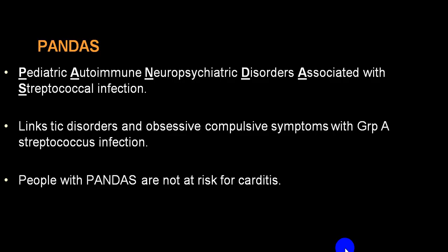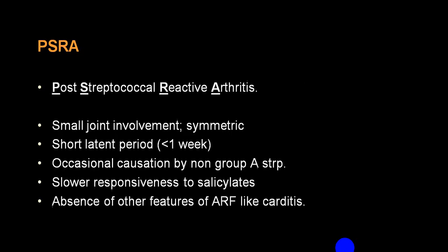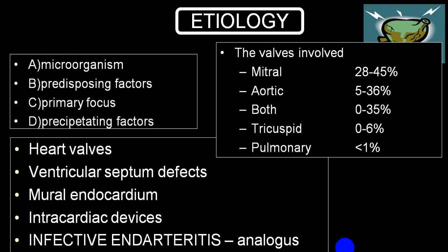These were the different terms which were being utilized. There was also one term called pediatric autoimmune neuropsychiatric disorder associated with streptococcal infection, that is called PANDAS, but that is not infective endocarditis. And PSRA was utilized for post-streptococcal reactive arthritis, but that is not infective endocarditis.